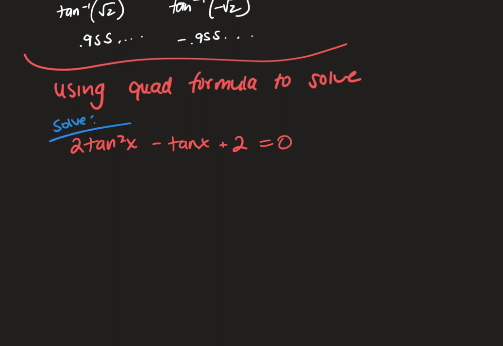First of all, it can't be factored, right? If I multiply 2 times 2, I get 4, and there are no factors of 4 that sum to -1. So that's how I know it's not factorable, which means you have to solve it using the quadratic formula.